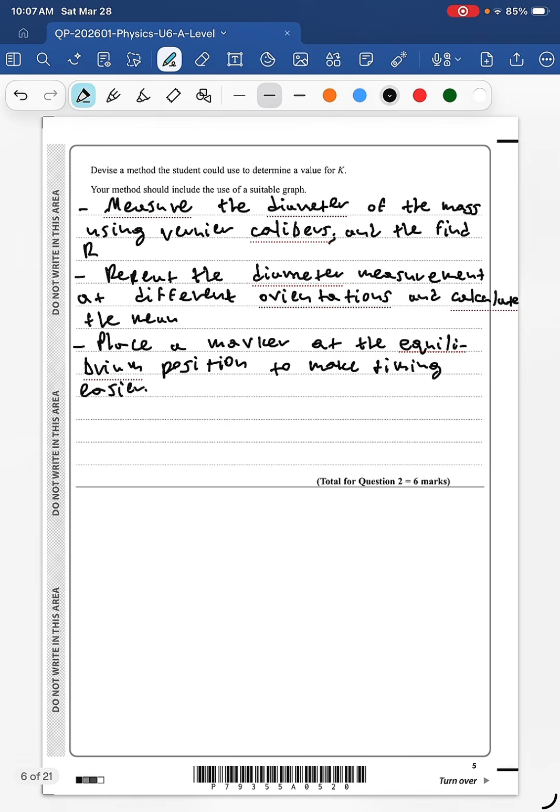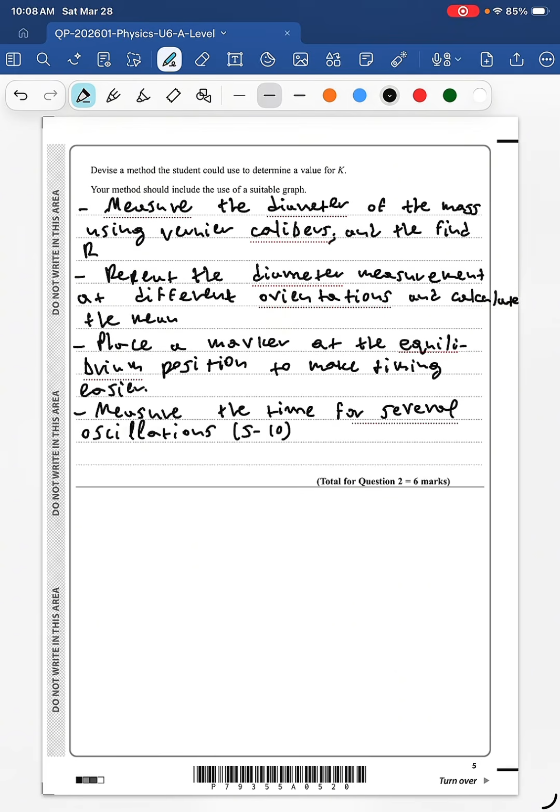Okay. Now, the other thing you can do is to measure the time for several oscillations, and usually 5 to 10 is a good number.